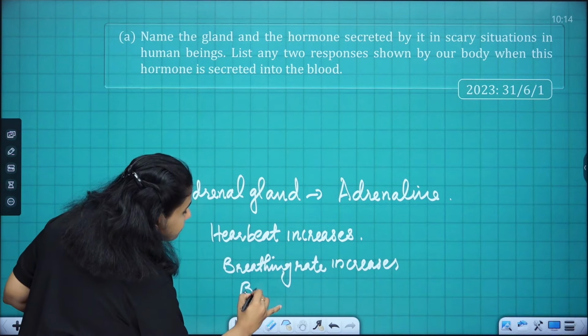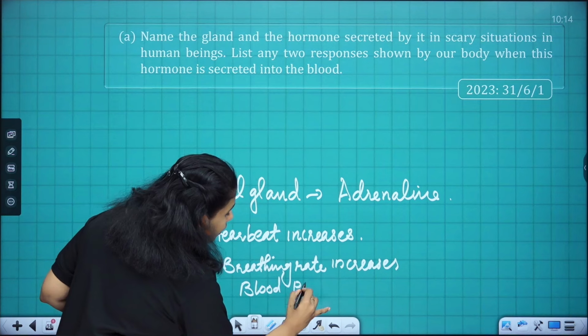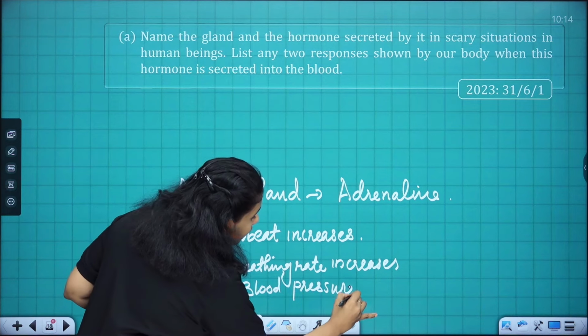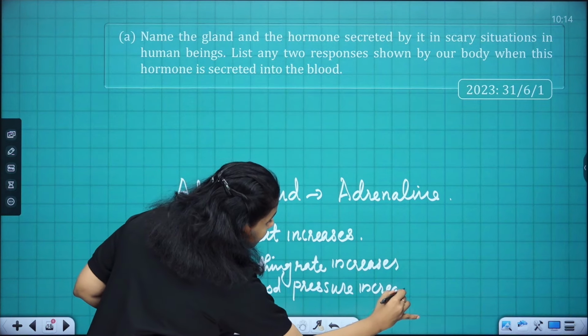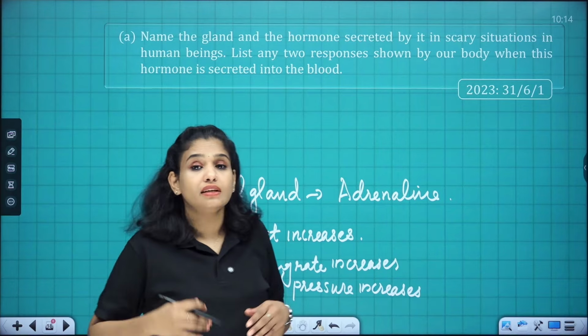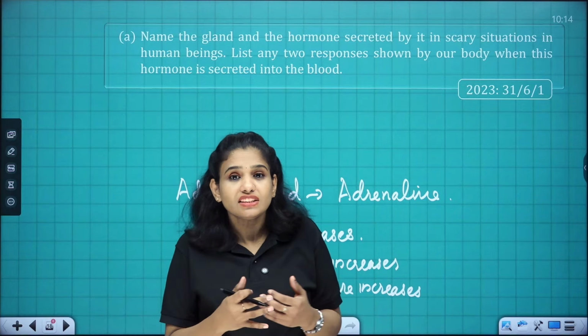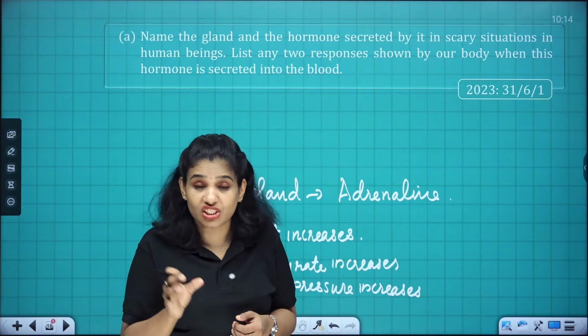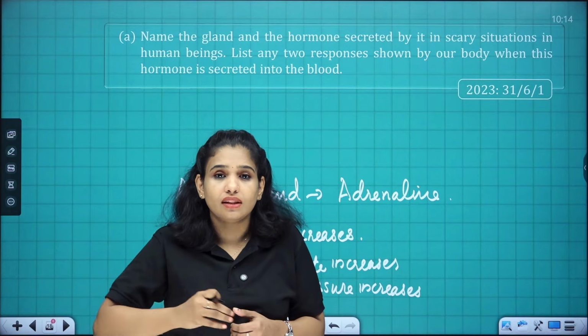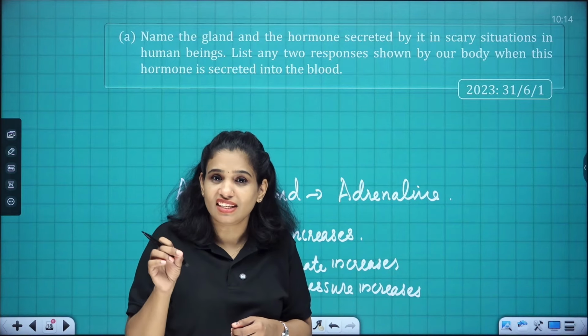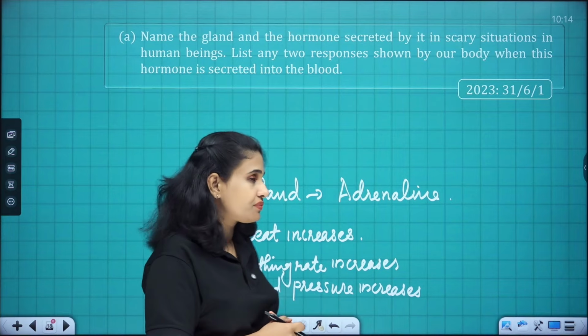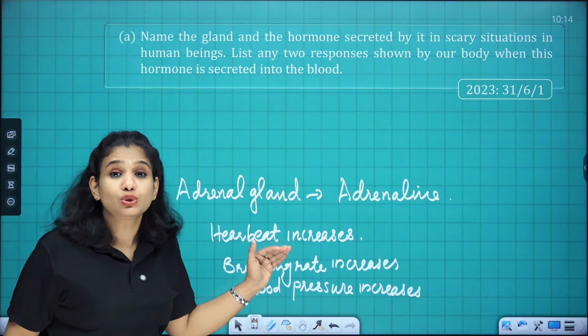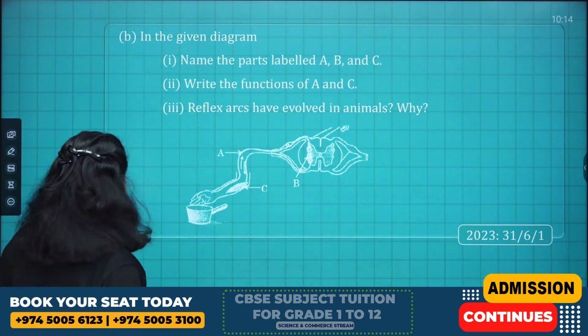Blood pressure increases. These are the changes we can see when an adrenaline rush happens to our body, that means the adrenaline is released into our blood. Here you have to mention only two changes.